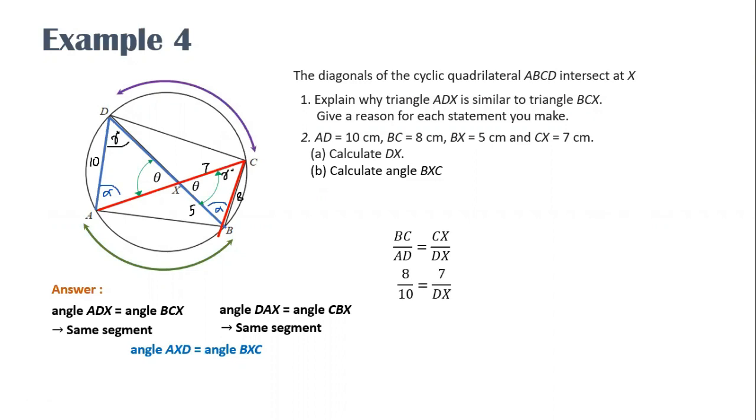And then by using cross multiplication, we get DX is 8.75 centimeters. Very easy, right? Now calculate angle BXC. Calculate angle BXC means we have to use the cosine rule. Okay.